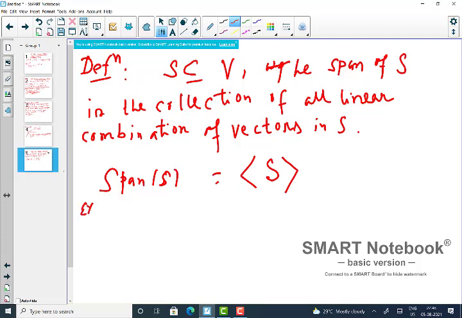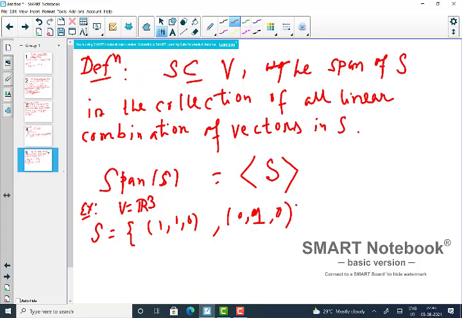Again, an example. The last example will be equal to R3. Then you choose a set S, something like 1, 1, 0 and 0, 1, 0, 1, 0.